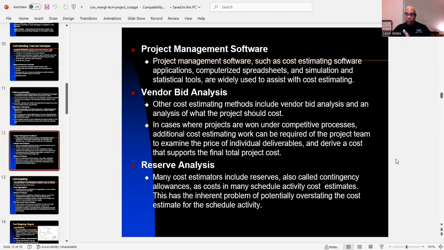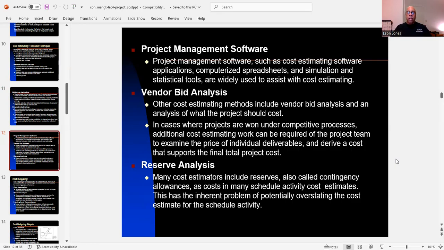What I do on the plans, because as an estimator, you are basically building the project from the plans, but you're working out the cost and its approximate cost to build a project. Now, I always believe in this: learn how to do it by hand before you actually use the project management software.